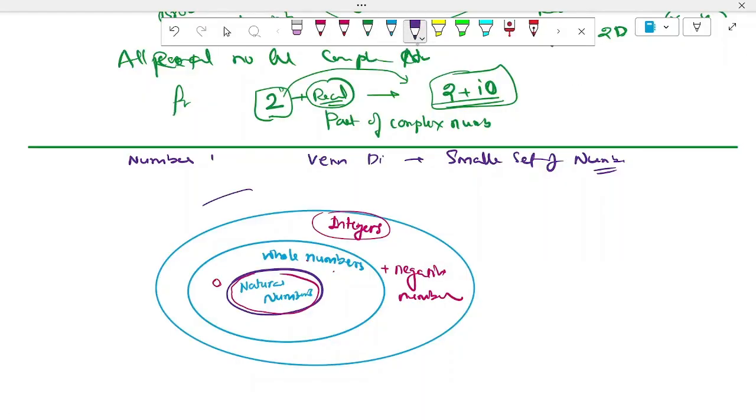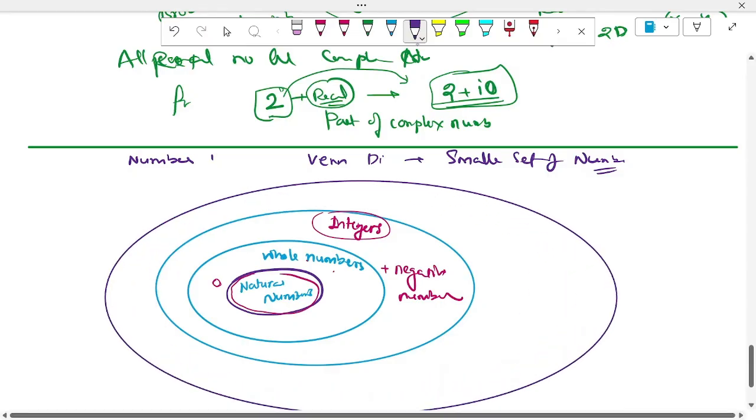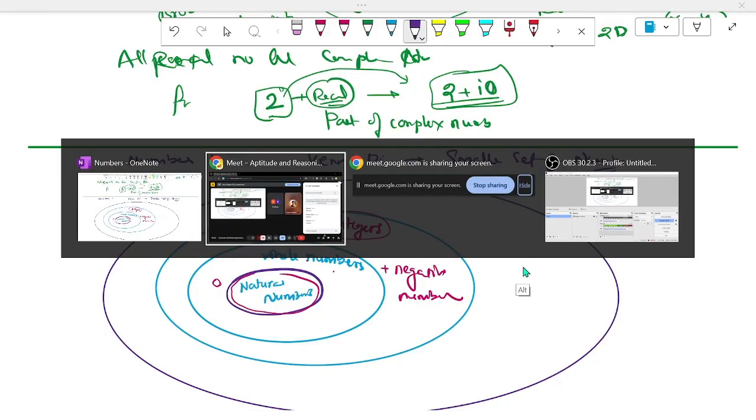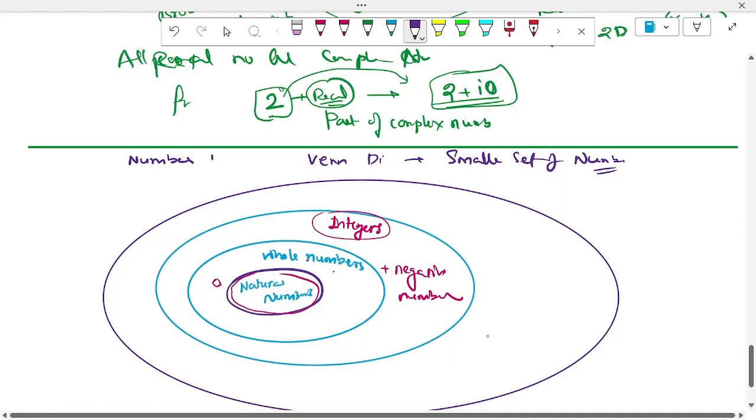Now we'll see integers will come in what? A bigger circle. In this, can you tell me what will come? Anyone? You can have real numbers, right?